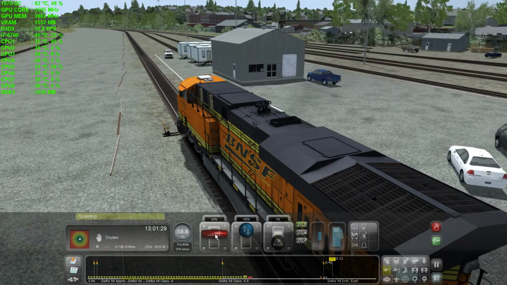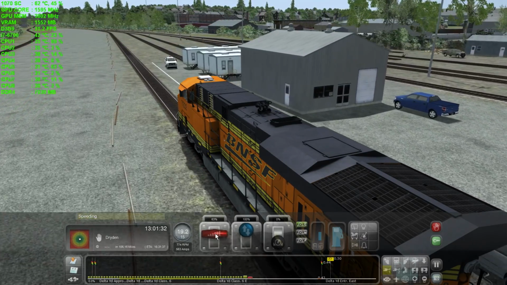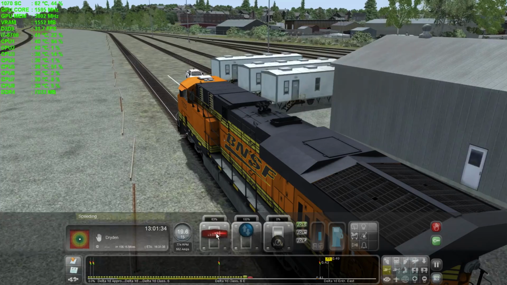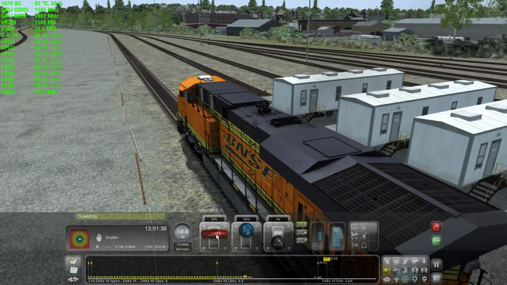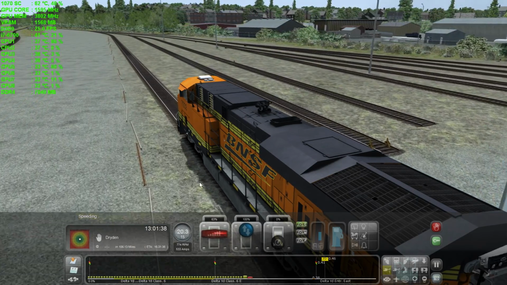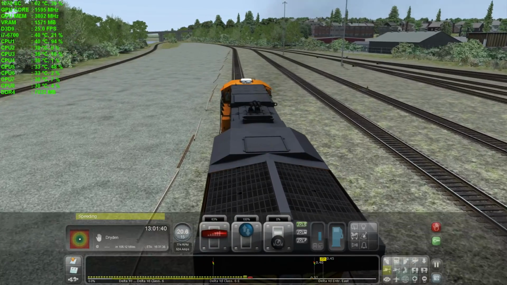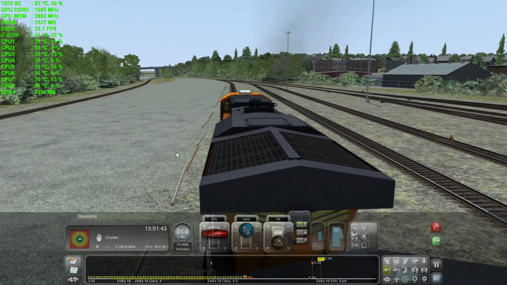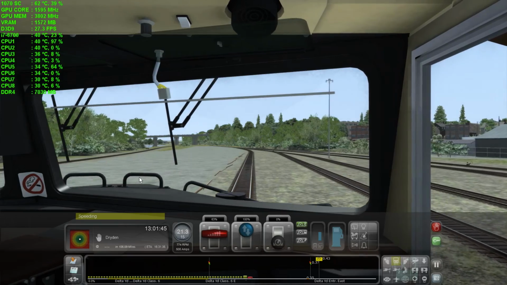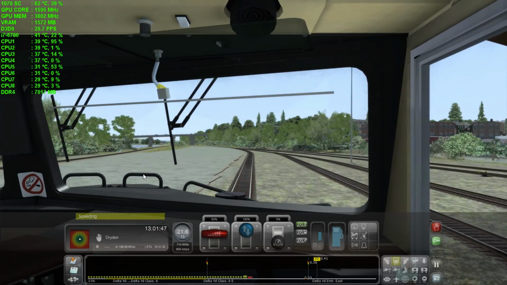Right now we're at 31. Okay, so we're increasing speed and we're increasing frame rate. Now there's much less graphic detail here, okay? And we're at 28, 29.